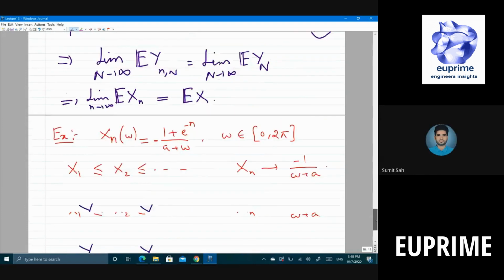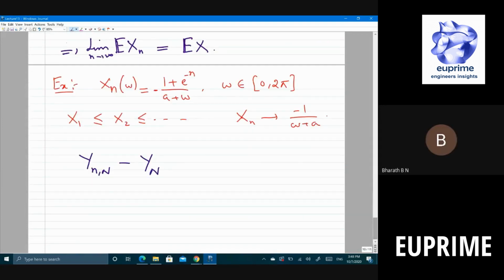I know that Xn is smaller than Xn plus 1. Keep that in mind, we may need this. I'll probably write it the other way, because I want it to be positive. So Yn minus Yn,n. Let's look at the expected value of this. What I'm going to do is split this into two events, one a bad event and the other a good event.